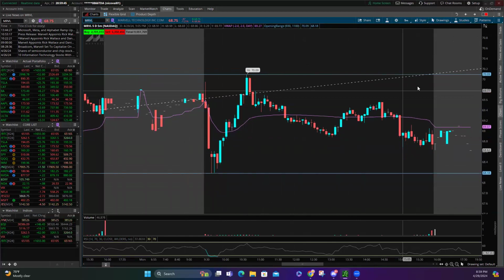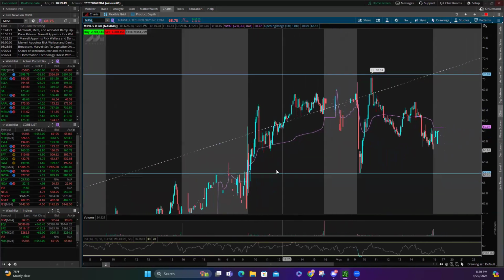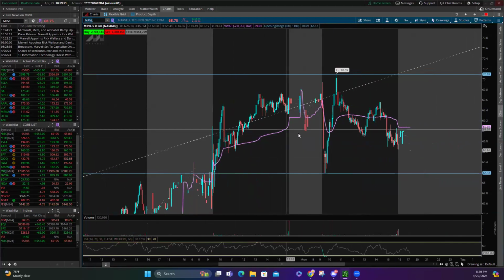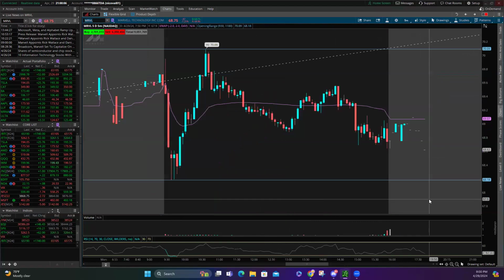Look at, I have MRVL. I showed it to another member today, and he was telling me about the trend line. And now I have a level and a trend line. So I know that I could have jumped here for calls, just calls, and I could have trimmed here and trimmed here. This is the only thing that I have on my chart. I don't need to have thousands of things looking at it.